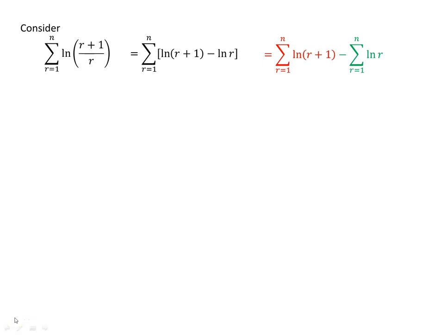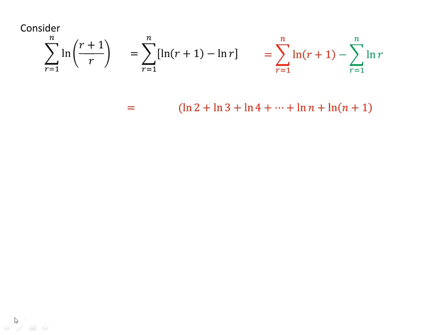Now, if we expand the first summation, it starts with natural logarithm of 2 plus the natural logarithm of 3 plus the natural logarithm of 4 and goes all the way along until we reach the natural logarithm of (n plus 1).